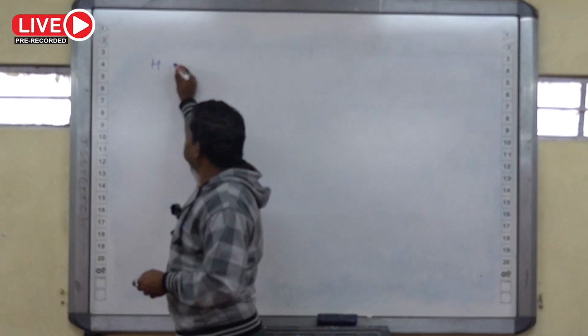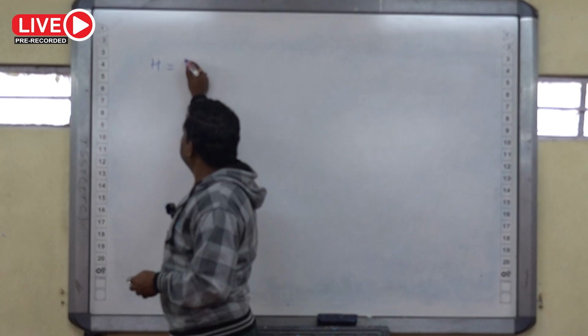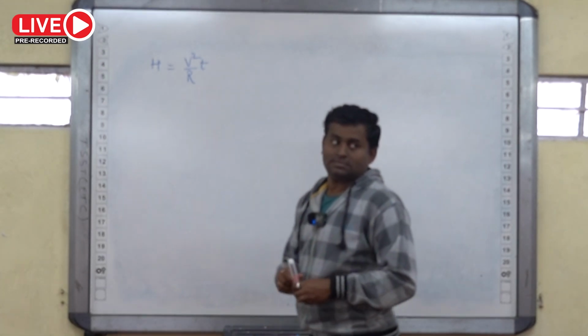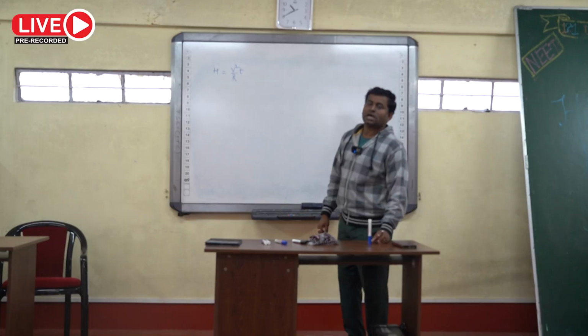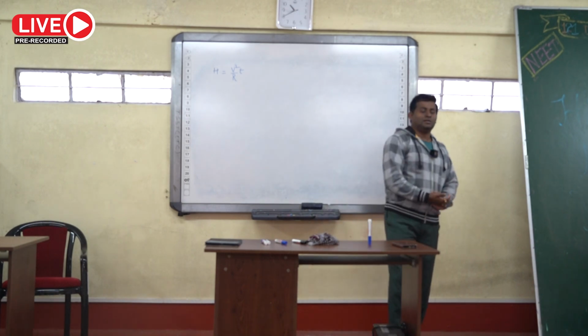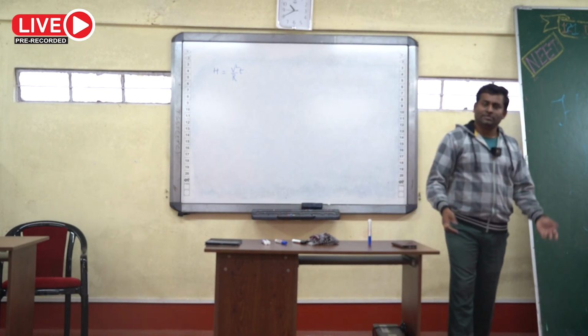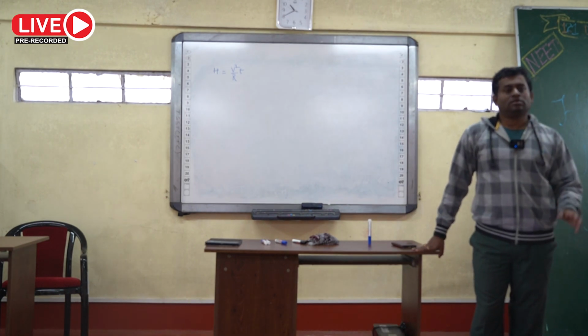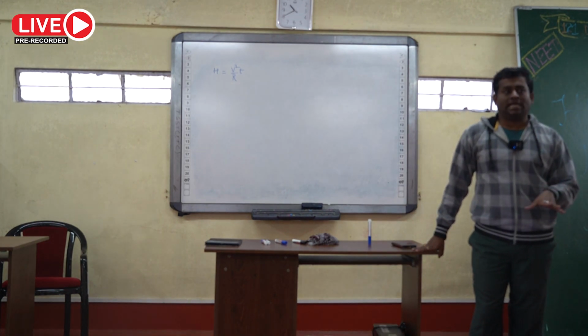See, you have to use this equation, H equal to V square by R into T. Because current in different cases are different, because resistance will be different. Only the potential difference applied for the heating will be constant.